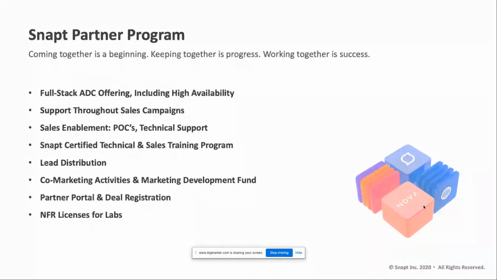And then lastly, we can also offer licenses for a free community edition for lab environments. If you're looking to deploy and try out Nova for yourself, so you'll be able to better position and describe it and its uniqueness to your end customers.